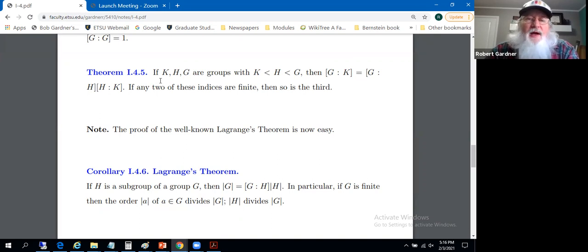Theorem 1.4.5 says, let K, H, and G be groups, where K is a subgroup of H and H is a subgroup of G. The claim is the index of K in G equals the index of H in G times the index of K in H. We're doing the index of K in G, the outer ones, in terms of the index of H in G and the index of K in H, and we're multiplying. Comment there about multiplying cardinal numbers.